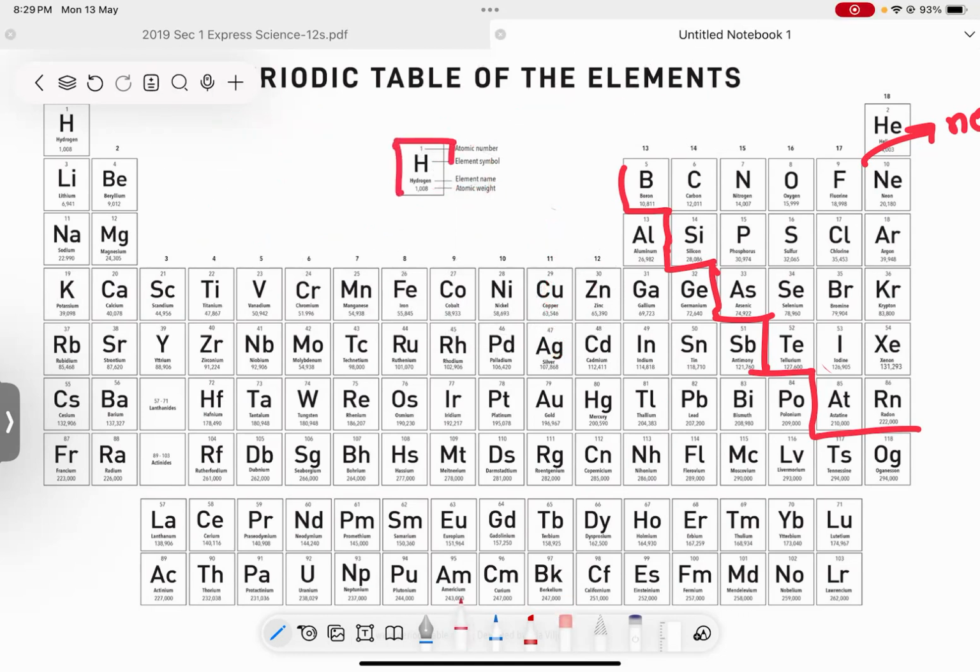Friends, let me give you another example. Search for hydrargyrum. You search the whole periodic table, nook and corner, but you won't find it because that is the Latin name of mercury.